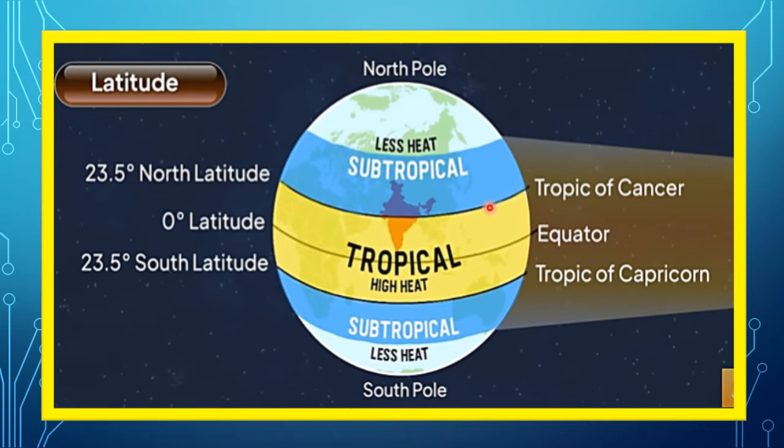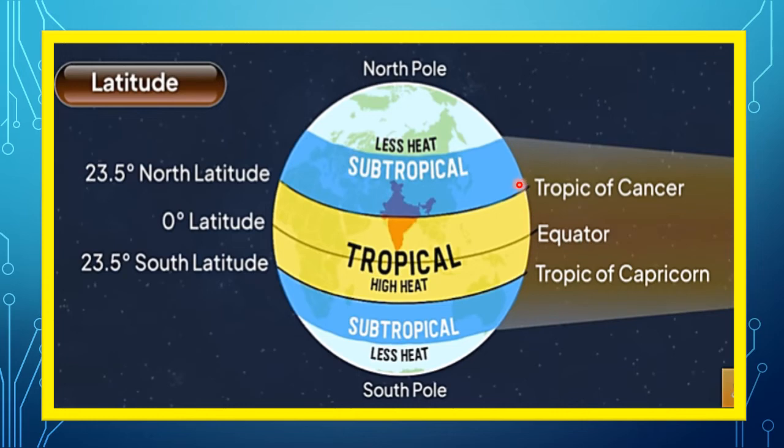The region between the two tropics receives the direct rays of the sun, so it is very hot and has a tropical type of climate. As we go above the tropics, they receive slightly slanting rays of the sun. This region, both north and south of the equator, the blue one that you see, is neither very hot nor very cold, so it has a moderate type of climate. That is the subtropical region.